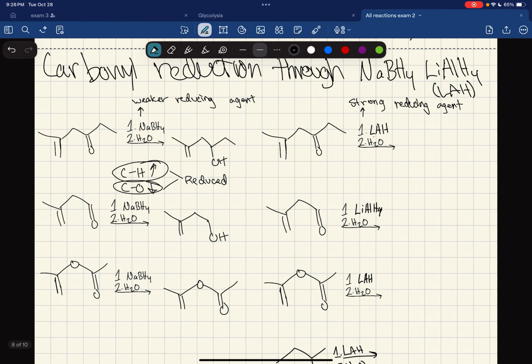LAH is a common name for lithium aluminum hydride. It will obviously reduce this. And if I remember right, it's going to reduce this into two separate groups.